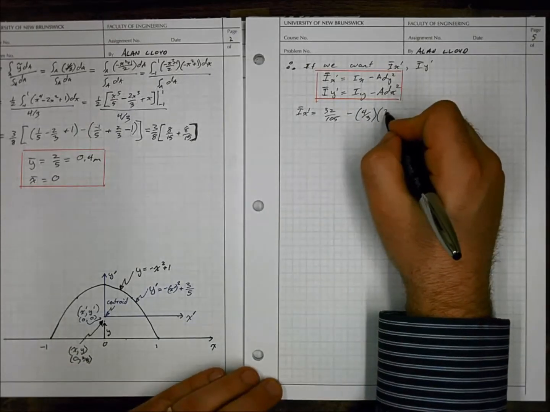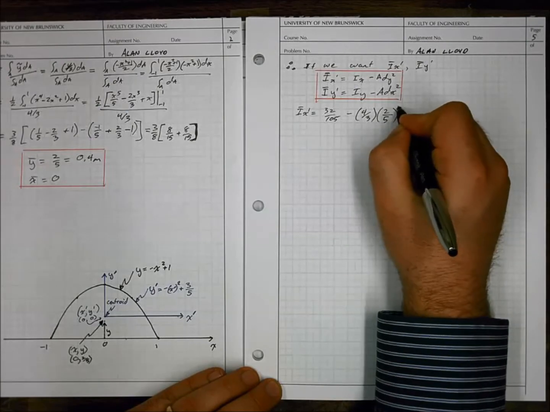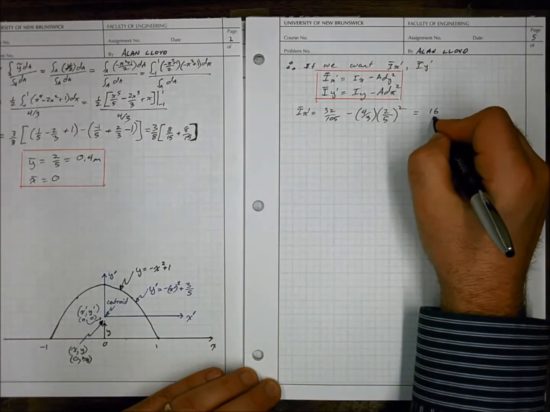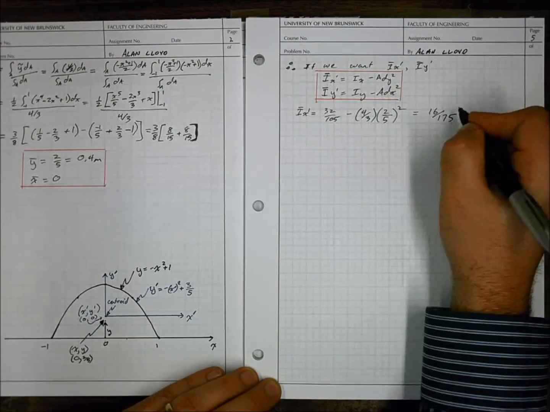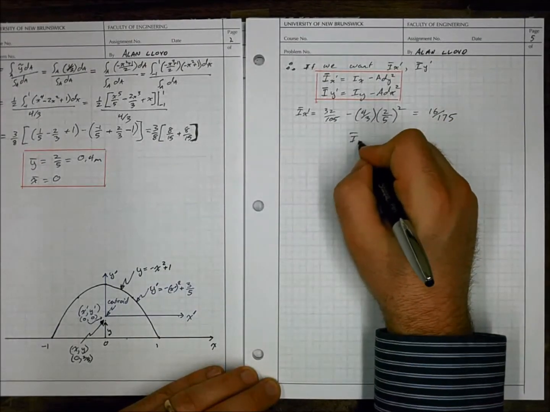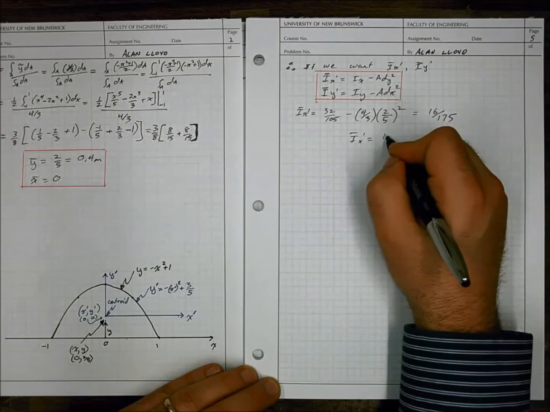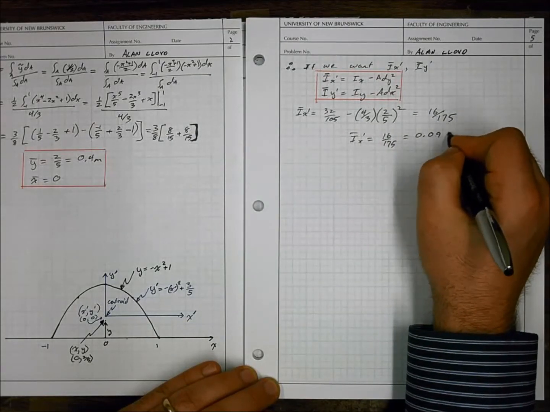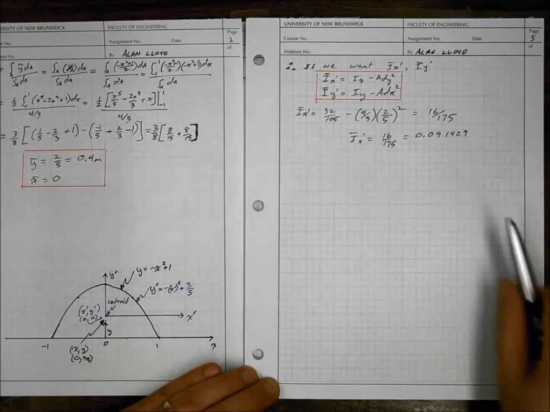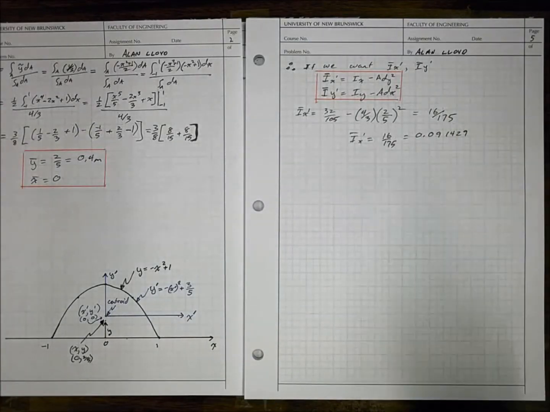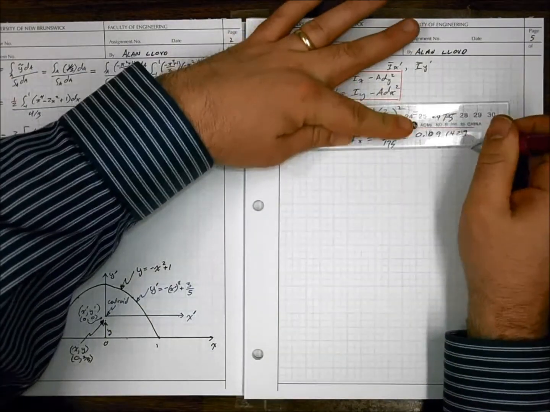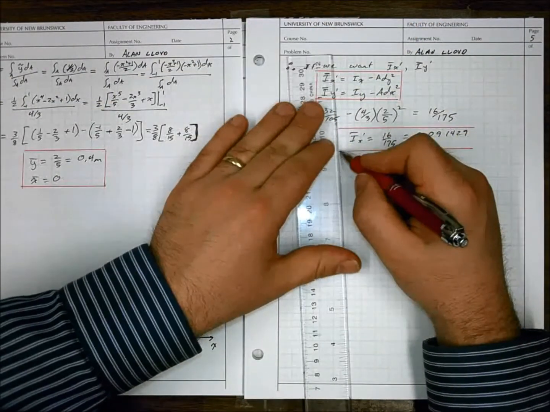So minus 4 over 3 times dy squared, and this is equal to 16 over 175. In other words, I bar x prime is equal to 16 over 175, which is 0.091429. And that's the final answer for the moment of inertia about the x centroidal axis of this particular problem.